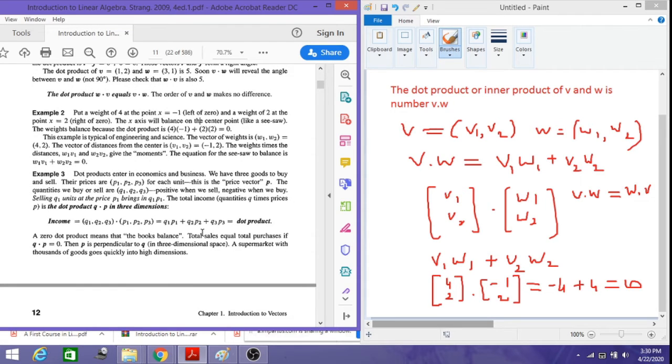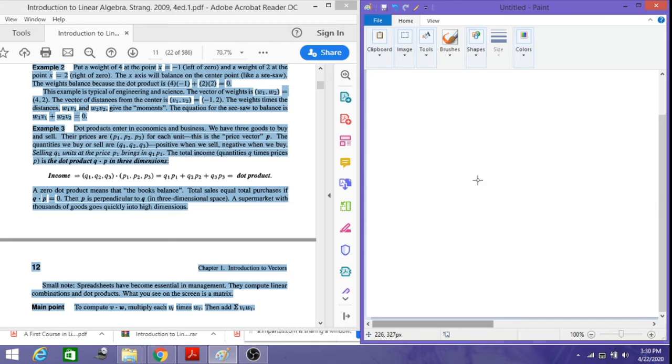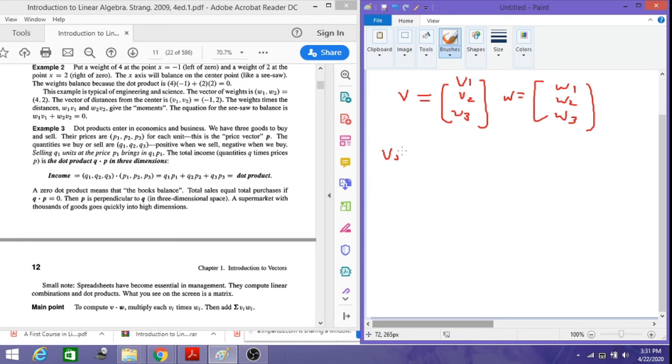Likewise, if we have vectors with three components, for example V is v1, v2, v3 and W is w1, w2, w3, then its dot product V dot W is v1 into w1 plus v2 into w2 plus v3 into w3. So this is the dot product result of these vectors.